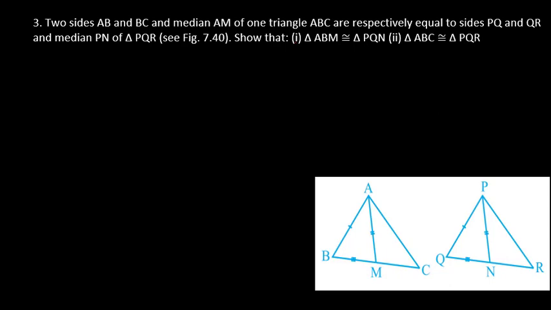Show that triangle ABM is congruent to triangle PQN and angle ABC is equal to angle PQR. Okay, so as shown in the diagram, we have given that AB and PQ are equal, BM and QN are equal, and AM and PN are equal.